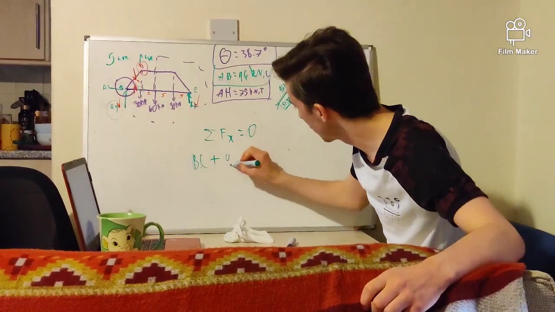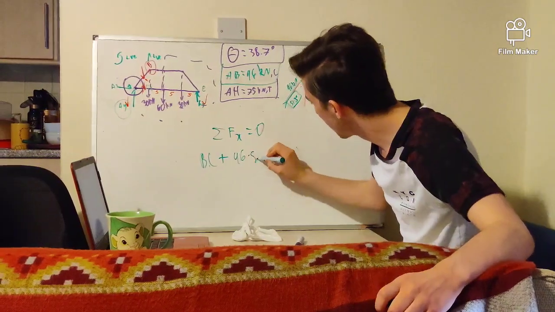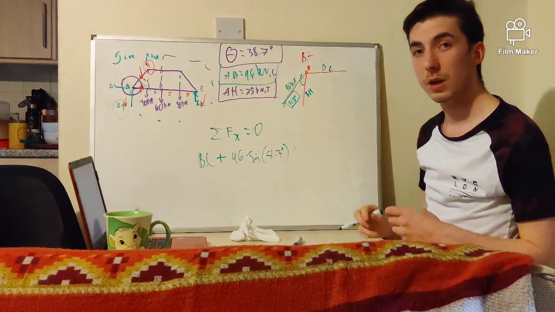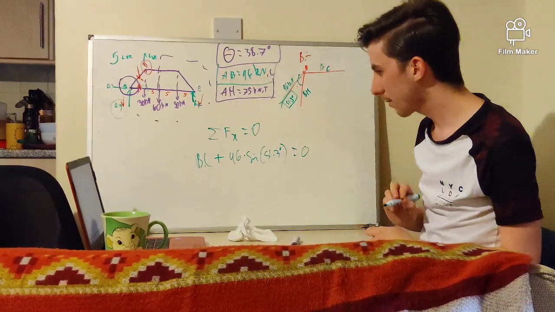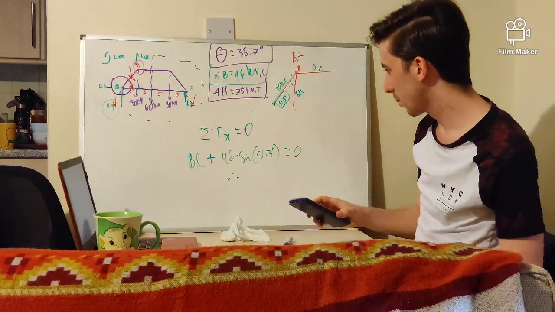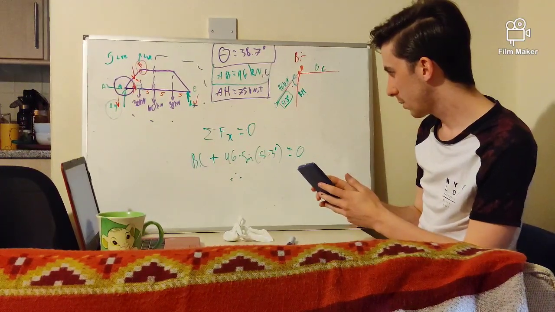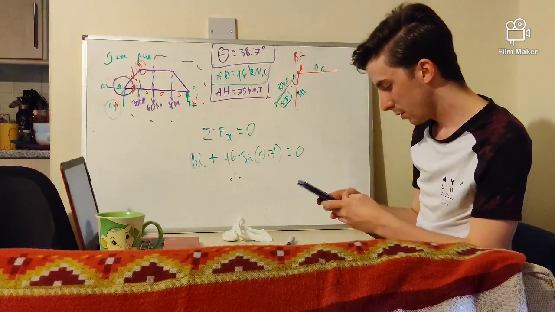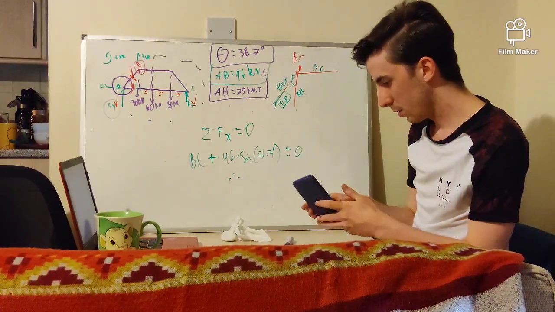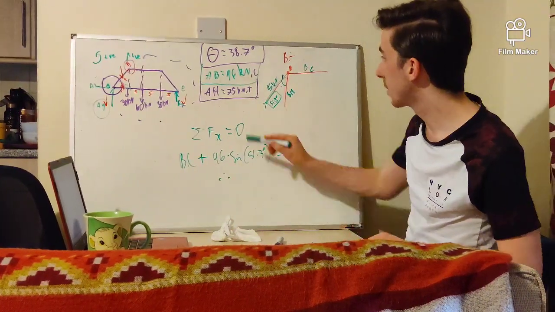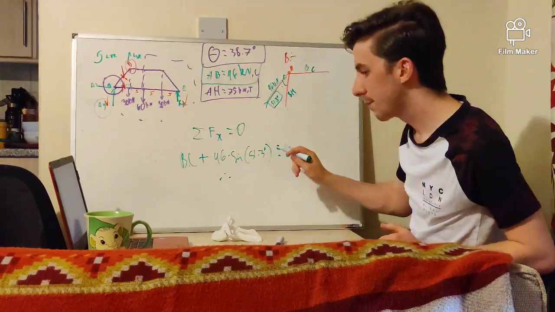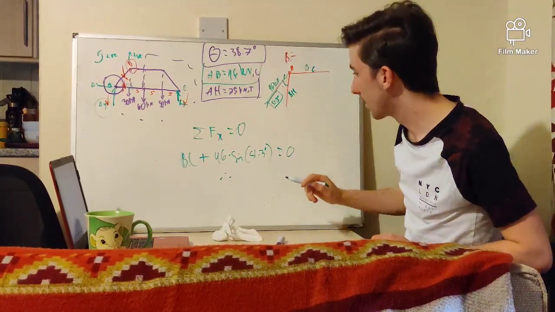So we're going to take plus 96 times the sine of 51.3 degrees, and that should all sum up to 0, which means that BC must be minus 96 sine 51.3. Obviously it's going to be the opposite of that, which makes sense. That's fantastic. Not bad, considering I just came up with that.